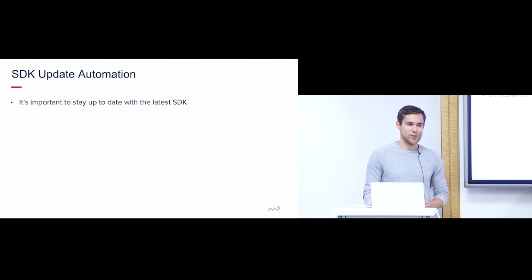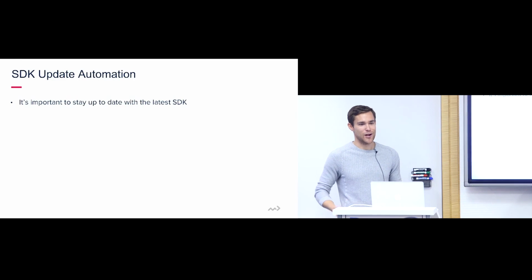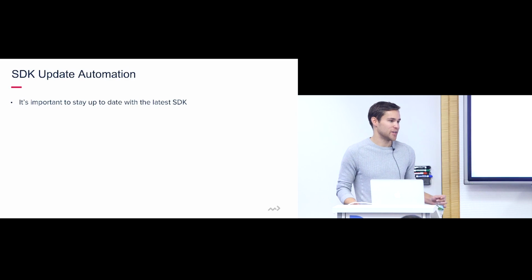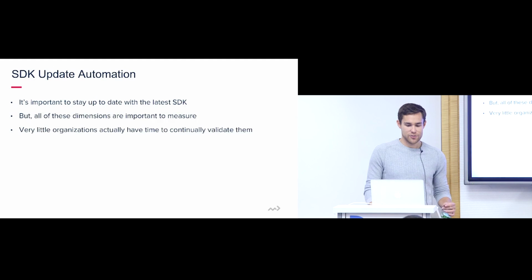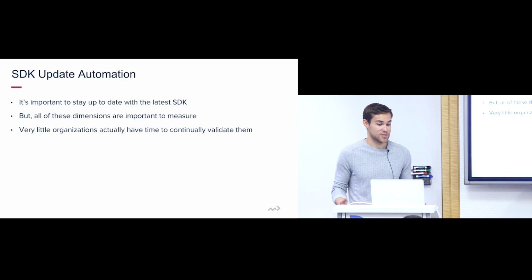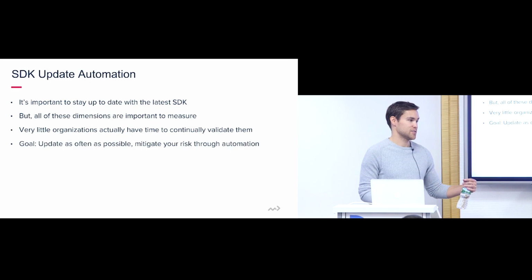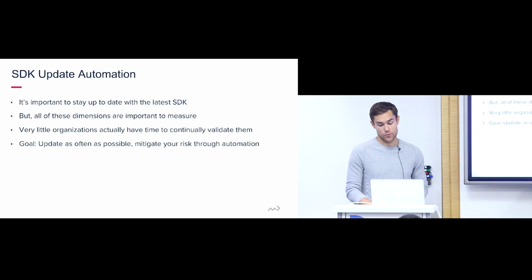Unfortunately, I recommended that you pin the SDK, but that means that you need to test these things every time you update the SDK. These things can change without you really knowing it. All these dimensions are always important. And I don't know about you, but working at a startup, you just don't have time to constantly be testing these things. So your goal should obviously be to update these SDKs as often as possible, but try to mitigate your risk through automation.